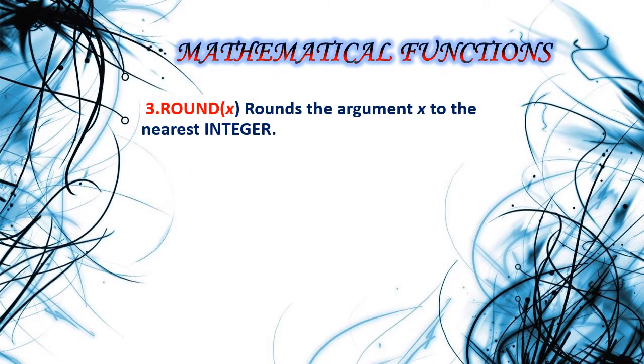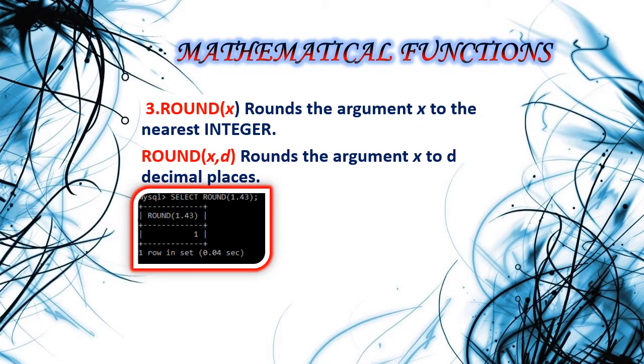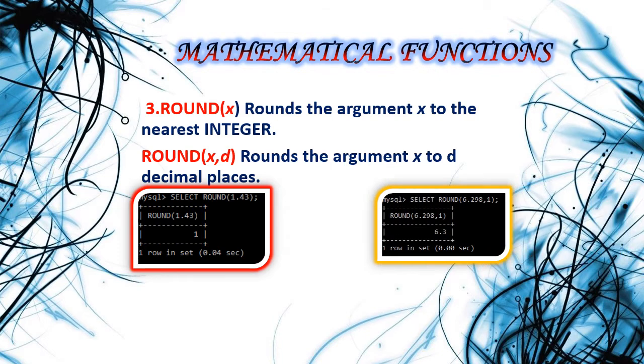And the ROUND function returns the nearest integer value. If you pass two values, ROUND(x, t), it will round the value of x to t decimal places. See here, ROUND(1.43) will round to 1, because the digit next to the decimal point is 4, which is below 5, so we skip it and round to 1.